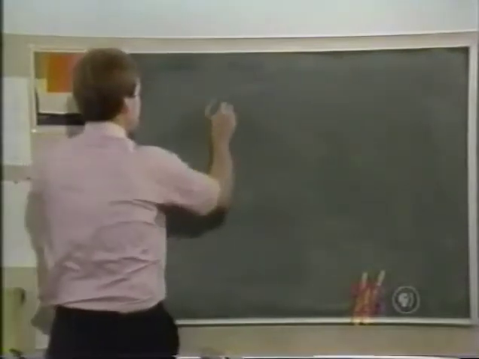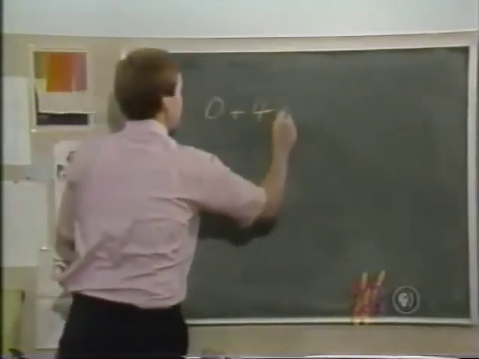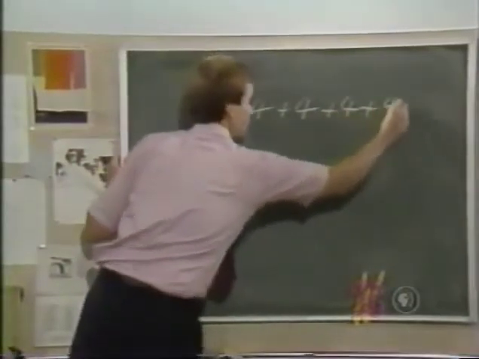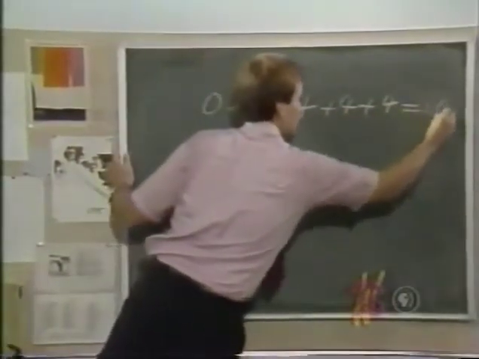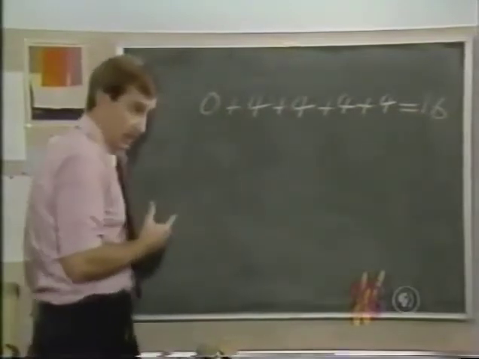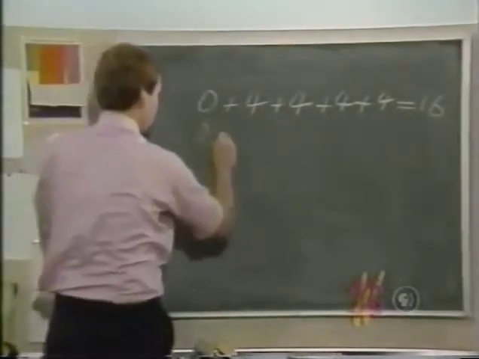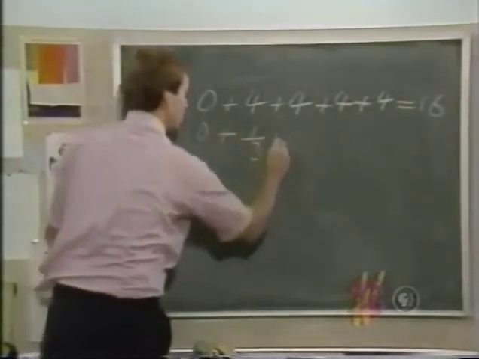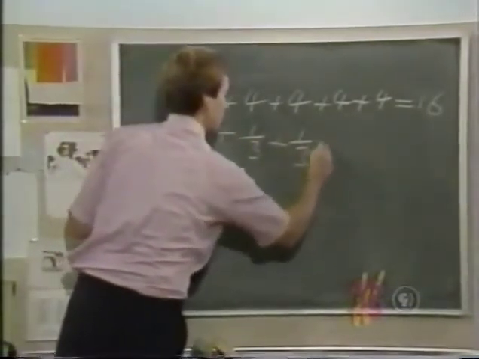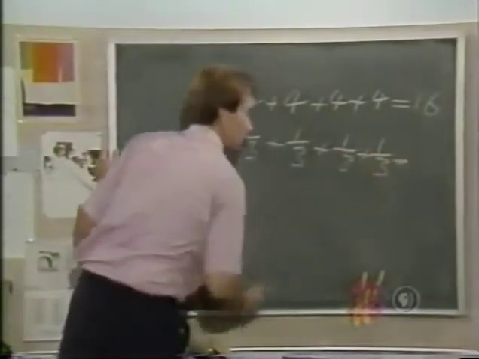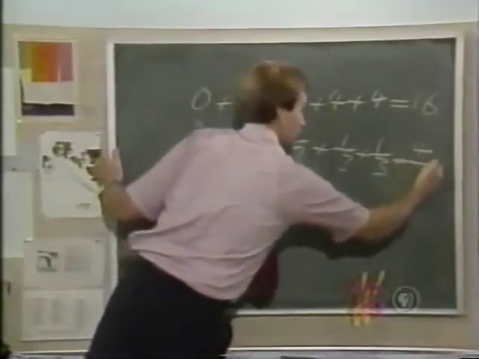I would put 0 plus 4 plus 4 plus 4 plus 4 equals 16. Nobody questions that. Now for the fraction multiplication. 0 plus 1/3 plus 1/3 plus 1/3 plus 1/3 equals 4/3.